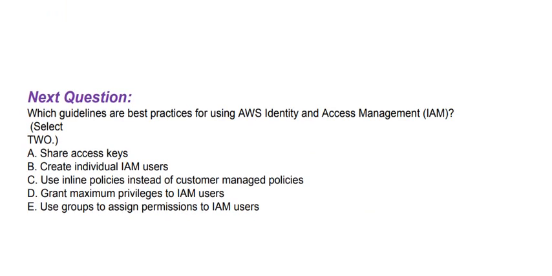Moving to next question. Which guidelines are best practice for using AWS Identity and Access Management? Select two options. Option A. Share access keys. Option B. Create individual IAM users. Option C. Use inline policies instead of customer managed policies.